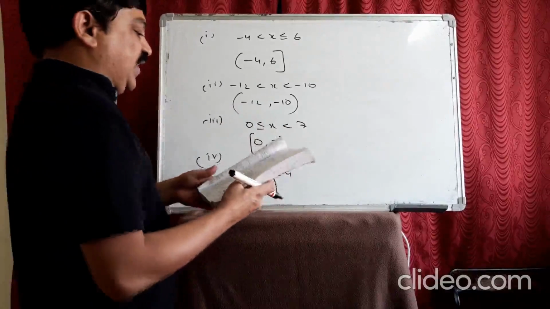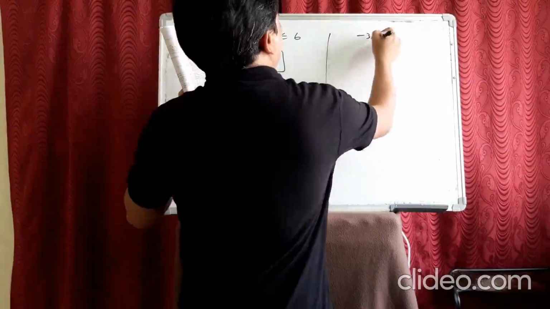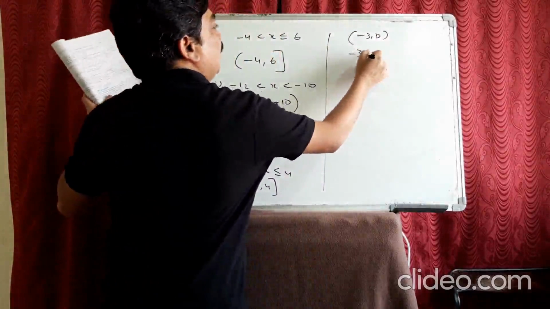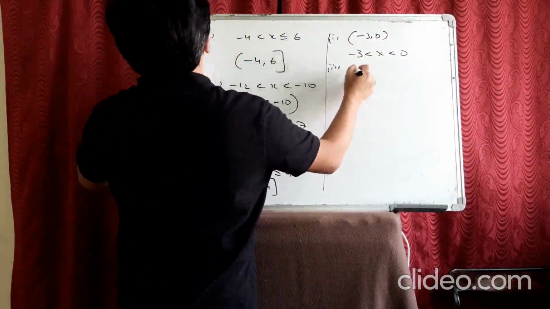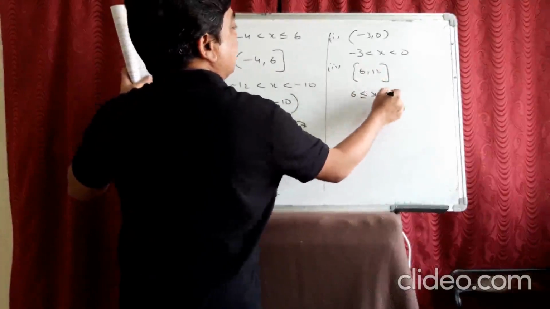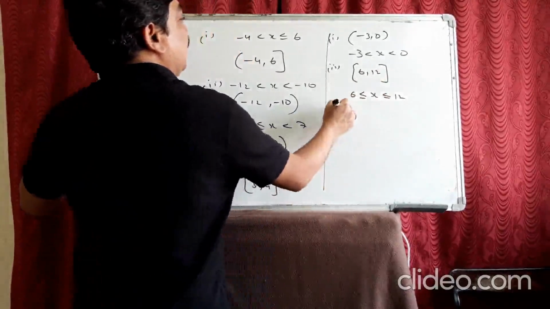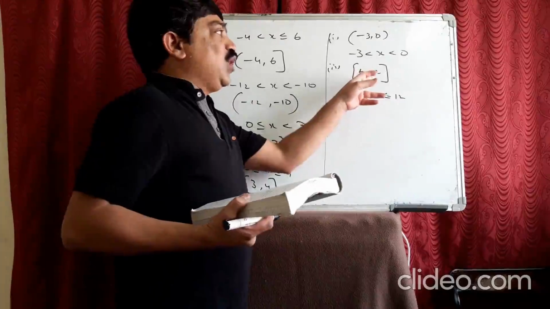In the same way, 7th, write down in set builder form. -3 comma 0. How do we write? -3 less than x less than 0. Second one, 6 comma 12 closed. So 6 less than or equal to x less than or equal to 12. Be careful, guys, always when you write an interval, this should be the smaller and this should be the bigger.